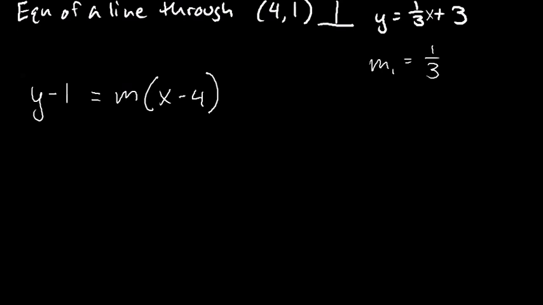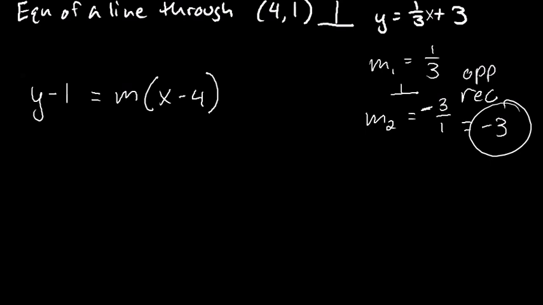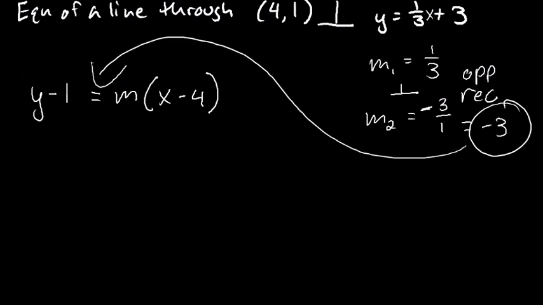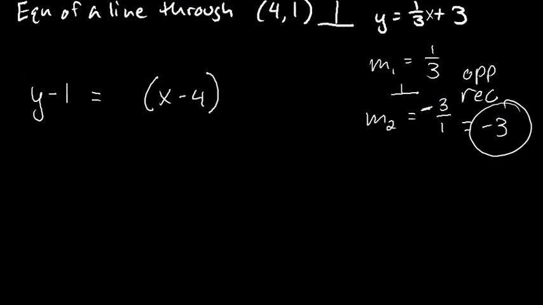So I know that since it's perpendicular, my new slope is the opposite reciprocal. So that means I need to flip it. So it's going to be 3/1 now, and I need to change my sign. So it's going to be negative 3/1, which is negative 3. So this is my new slope, which I can put in right there at m. So negative 3.